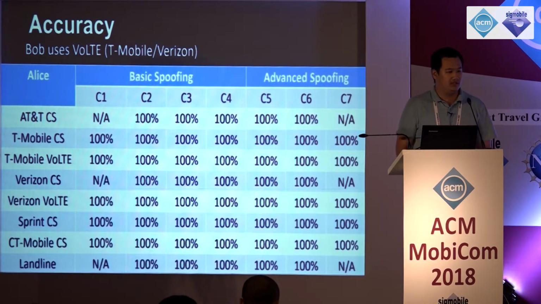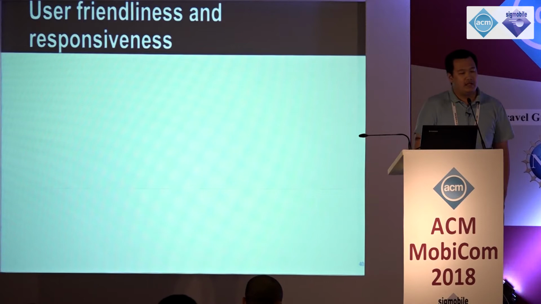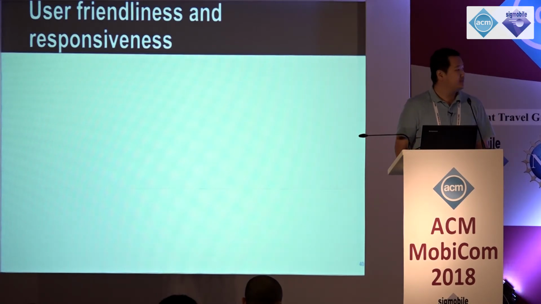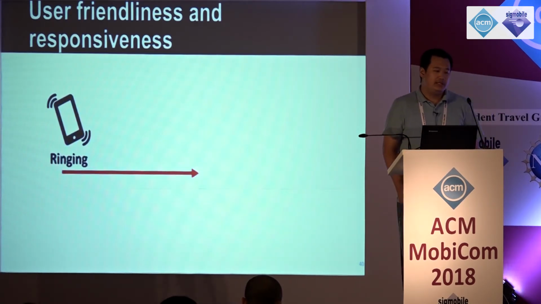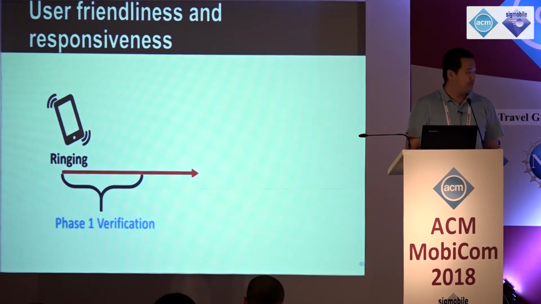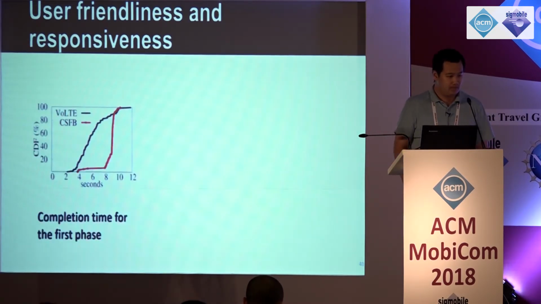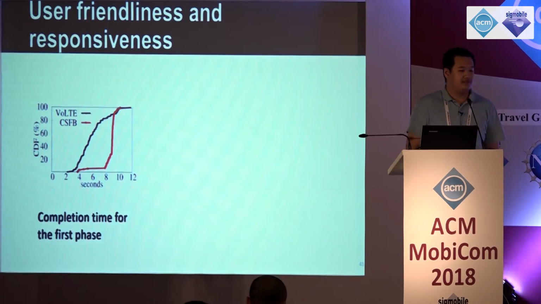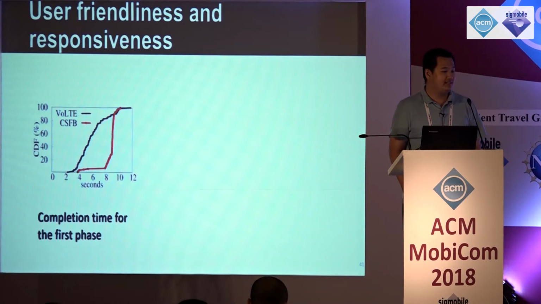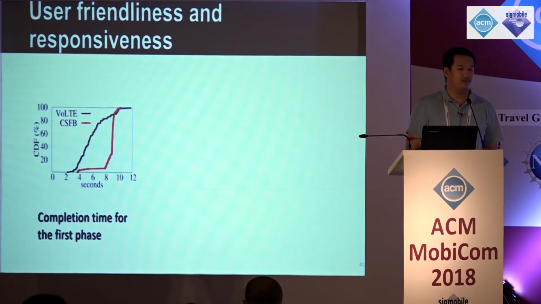The result is similar. And here, let me show you the user friendliness and the responsiveness. So we measure the phase 1 verification time since the device starts ringing, and the phase 2 verification time since Bob answered this phone call. For the first phase, the completion time for voice over LTE technology takes about 4 to 10 seconds, and it takes 8 to 10 seconds for CS4 backhaul.